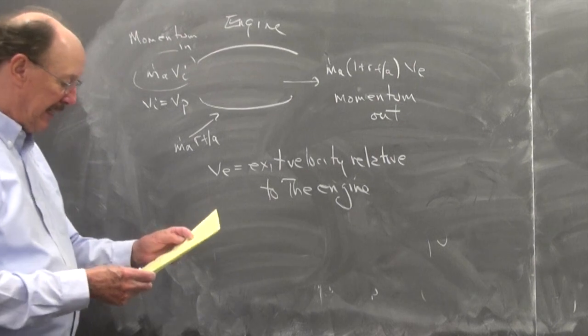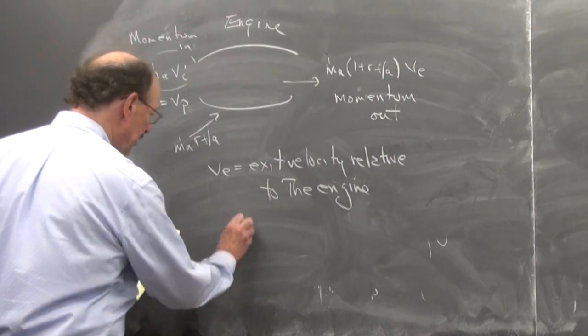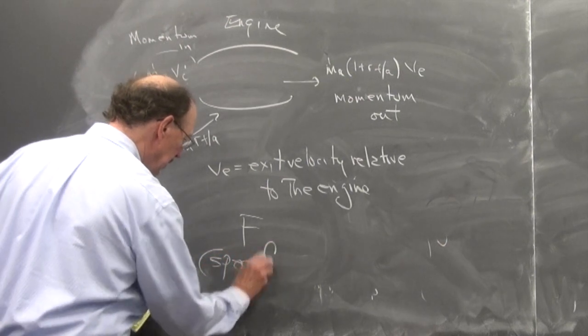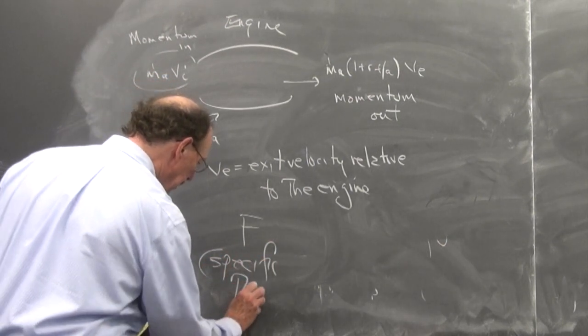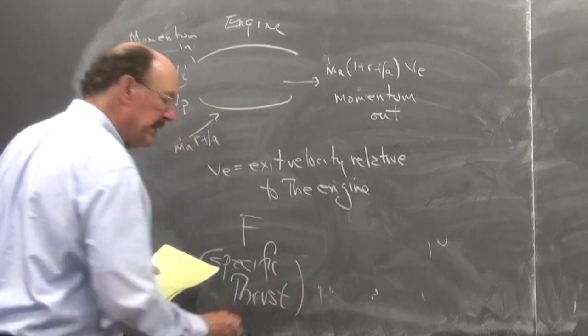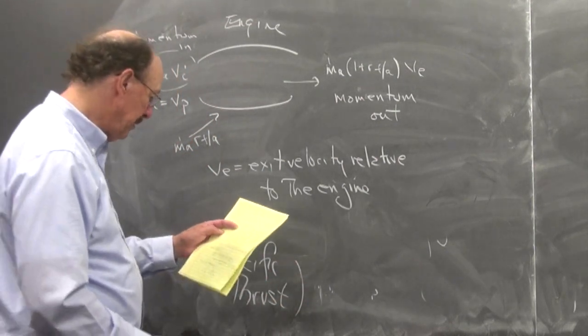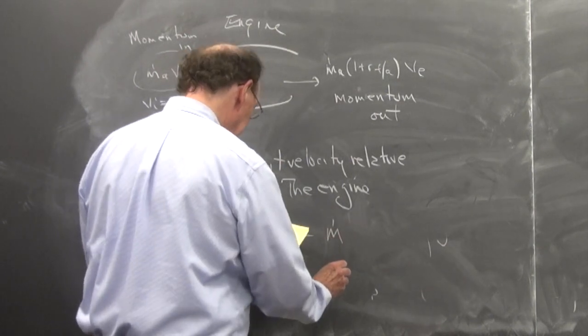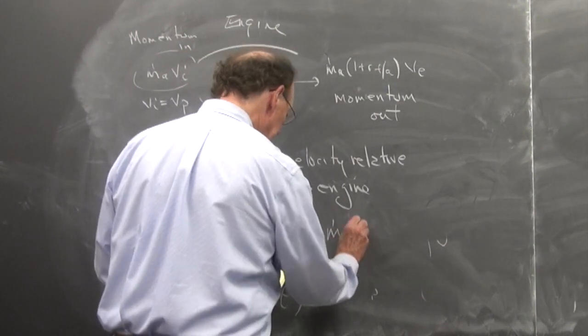So now, if we look at the force, this is our specific thrust. There are all these names, and quite frankly, I don't remember them that well. So this is equal to m dot times v sub e.